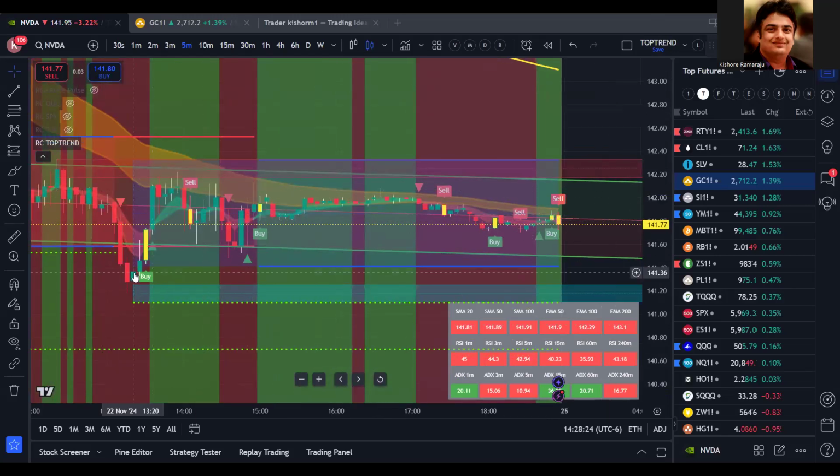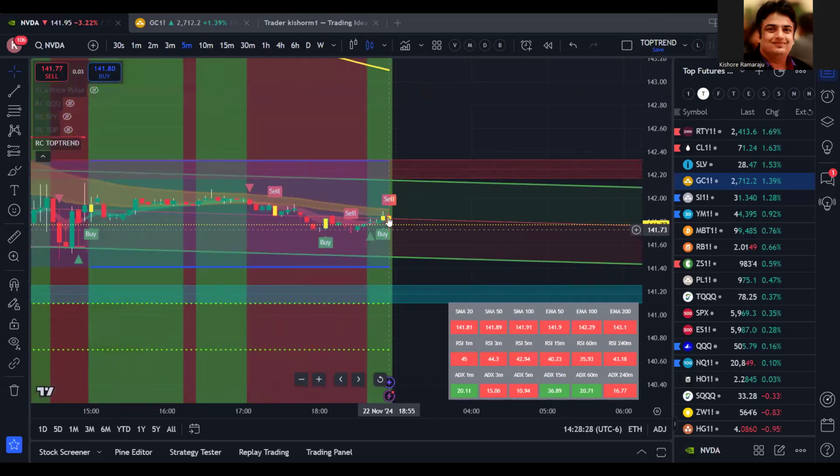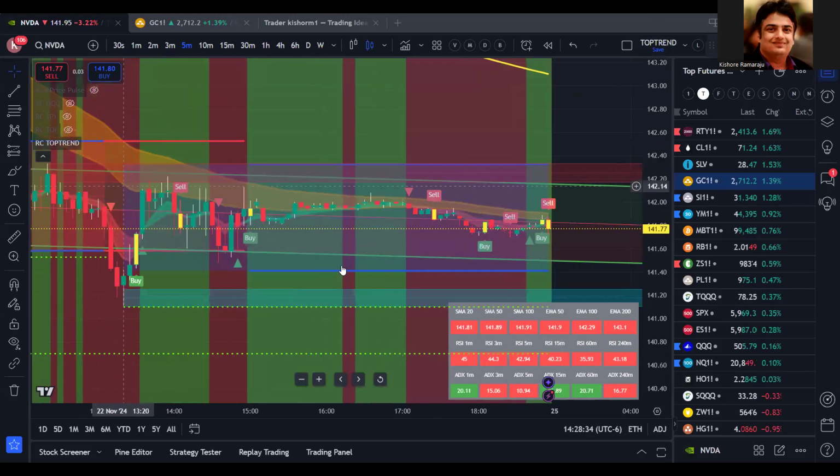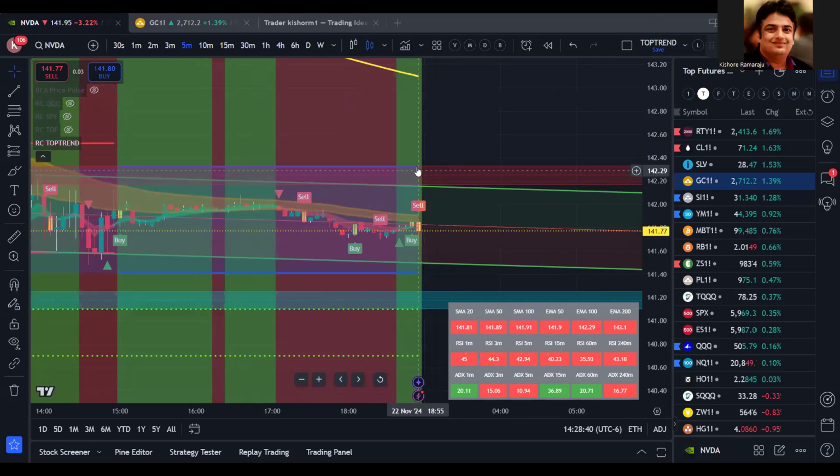In 5 minutes it is going up, coming down, going up, coming down. It is in a range, in a blue rectangle, moving up and down. So if it goes a little bit up and then you get a sell signal, that is the best time, right?